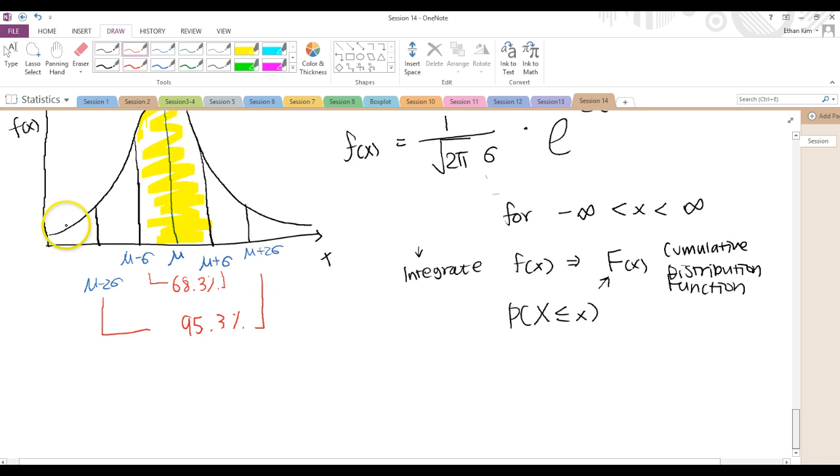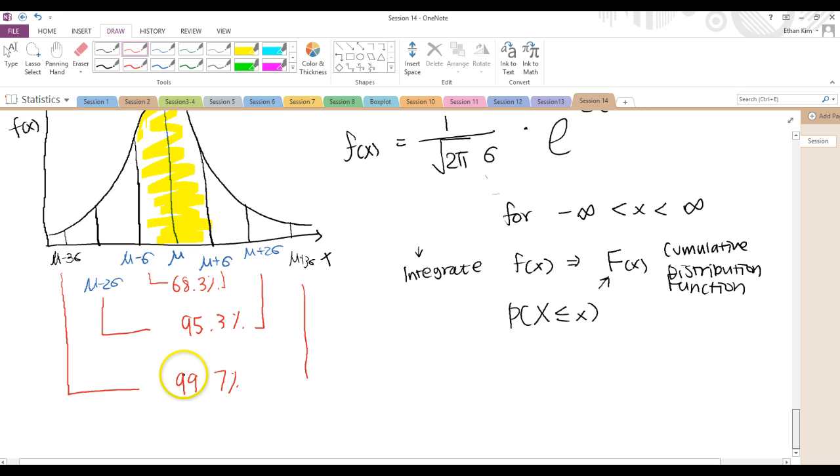We didn't write this down, but if you were to write this down again, and you do mu minus 3 sigma and mu plus 3 sigma, this is going to be 99.7%.